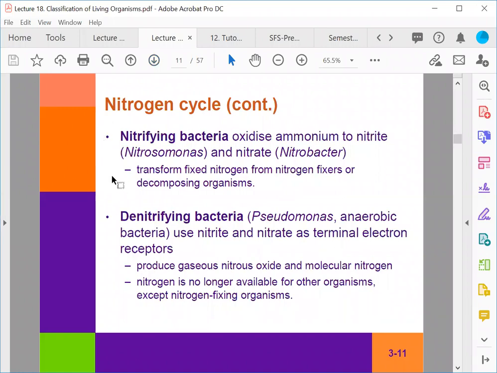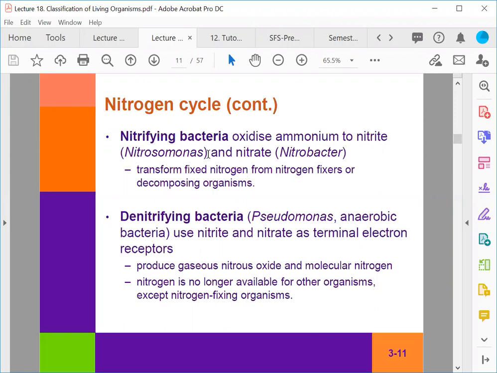Let's just call this stage 2, and it involves other species of bacteria called nitrifying bacteria. Nitrifying bacteria will take that fixed nitrogen in the form of ammonium, and they will convert the ammonium ion either to nitrite or nitrate. In other words, they transform that fixed nitrogen into different nitrogen forms, and different species of bacteria will do this.